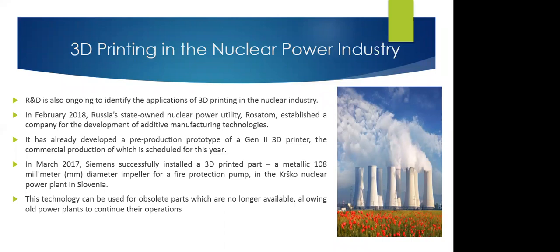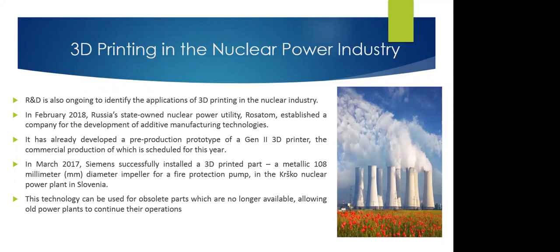In March 2017, Siemens successfully installed a 3D printed part, a metallic 108 millimeter diameter impeller for a fire protection pump, in the Krško nuclear power plant.